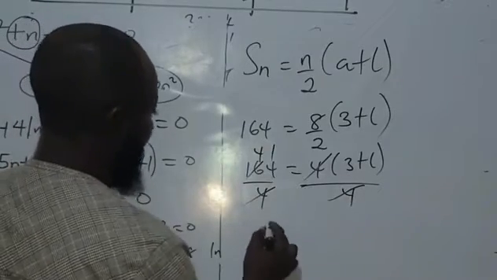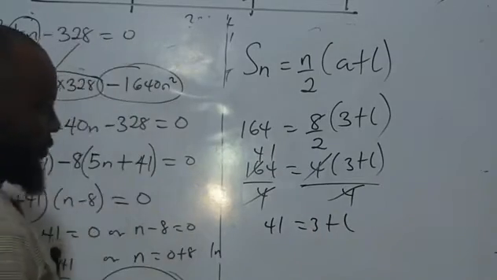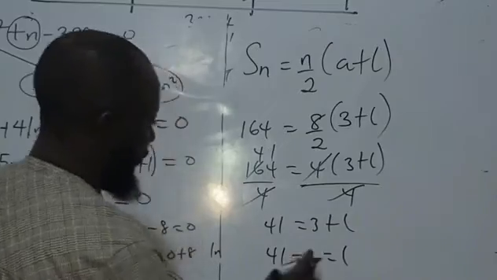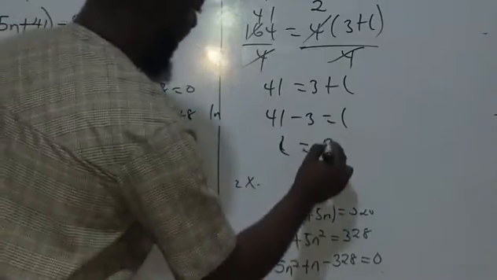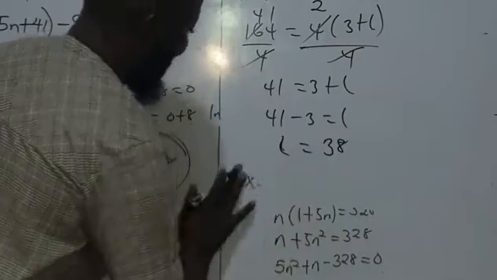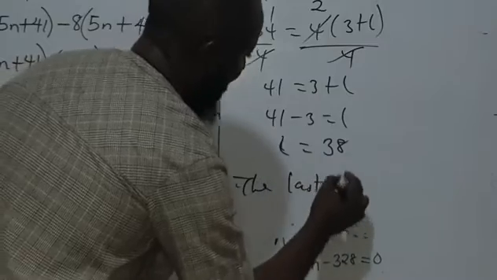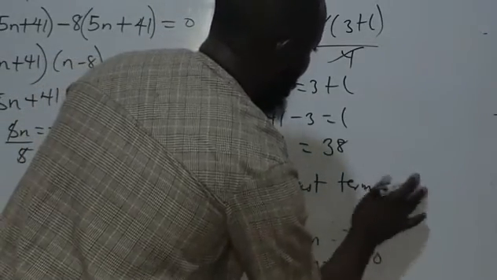That is 41. Then we have 41 equals 3 plus l. So 41 minus 3 equals l, the last term. 41 minus 3 is 38. So which means the last term is 38.